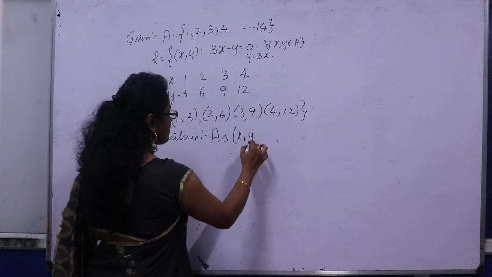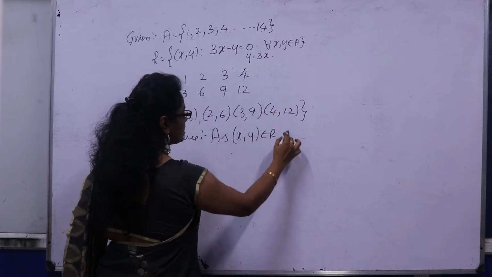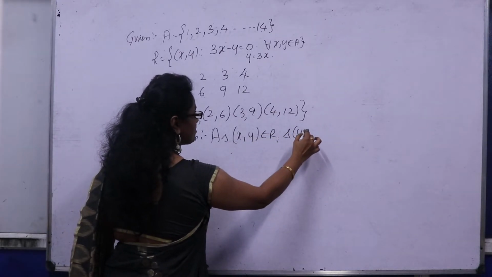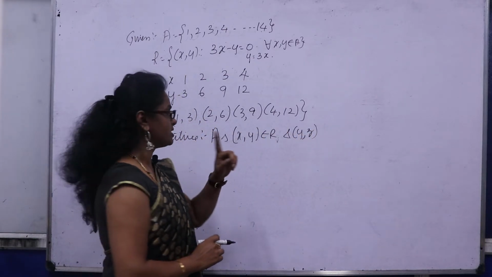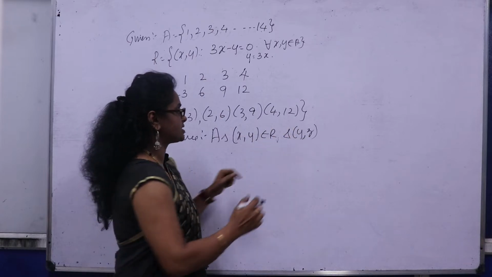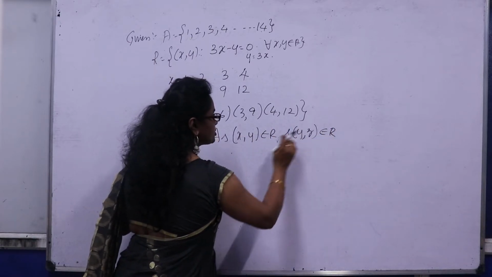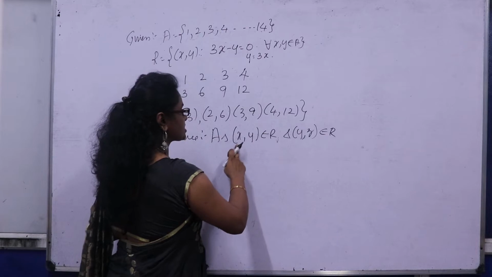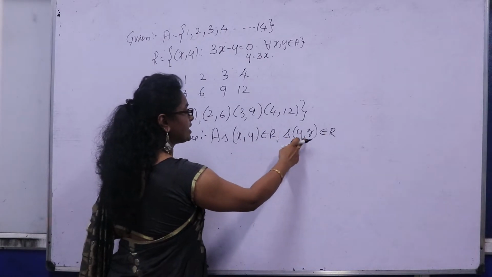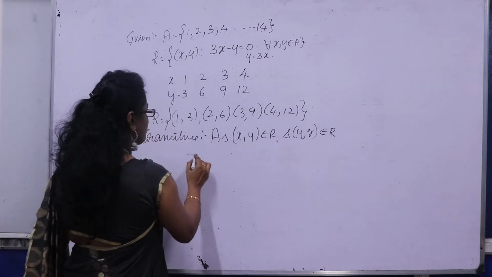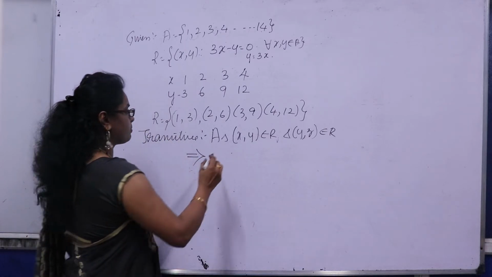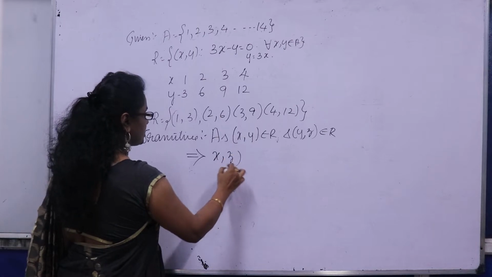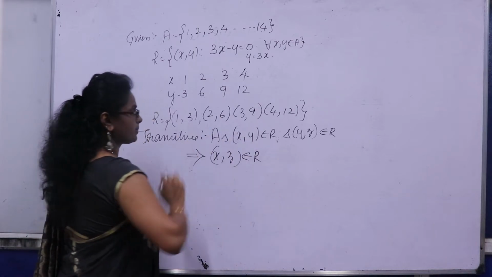As (x, y) belongs to R and (y, z), always in transitive, remember, you will have 3 elements x, y and z belongs to R. You need to go with 'and' here. (x, y) belongs to R and (y, z) belongs to R must imply, if it has to be a transitive, it must imply (x, z) belongs to R.